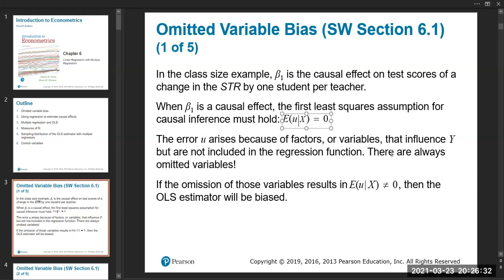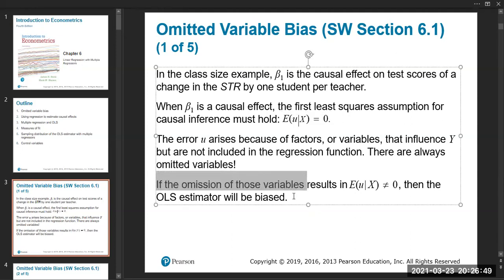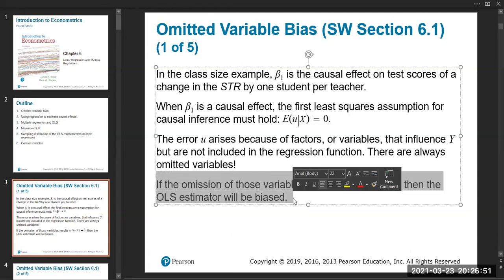They are omitted, but they don't necessarily cause bias. They only cause bias if the conditional mean of them given x is not 0. So this sentence is the most important thing on this whole page.